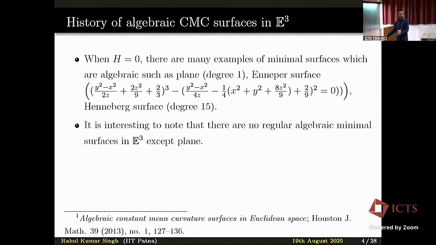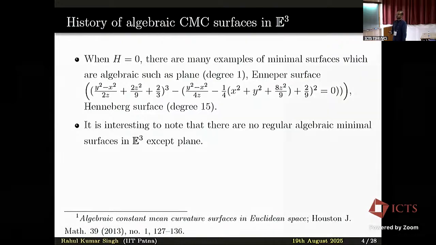Even if you're looking for simply algebraic minimal surfaces, you will not find a minimal surface having degree 4, 3, or even 2. So degree 1 polynomial, this is the regular algebraic surface.